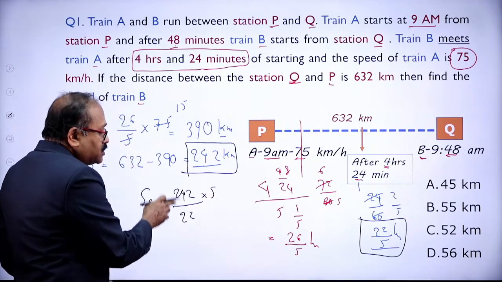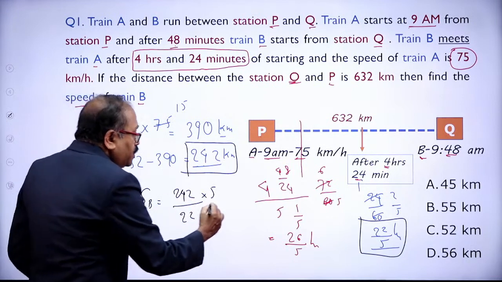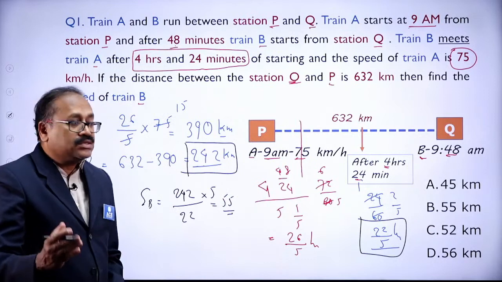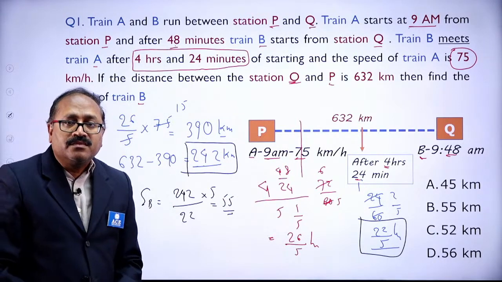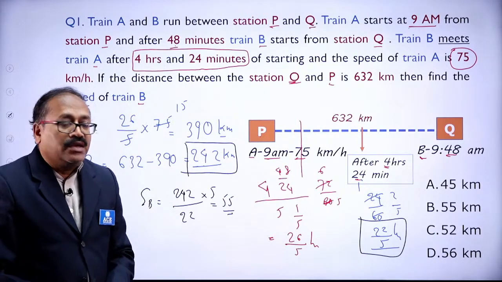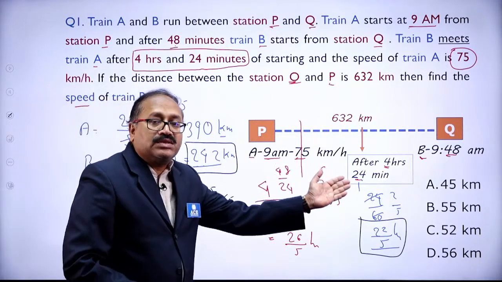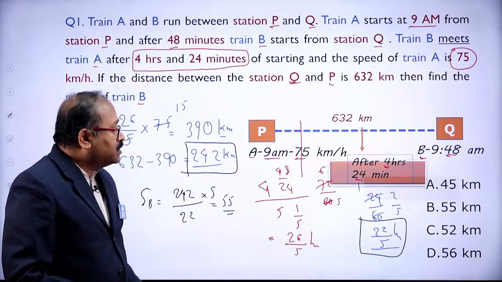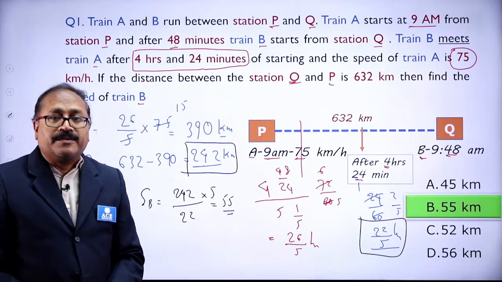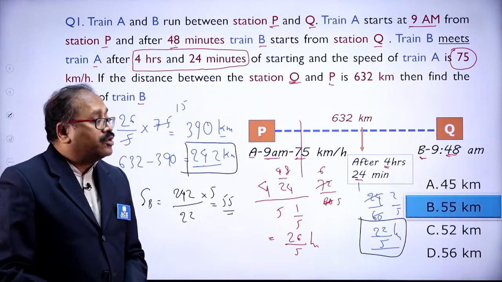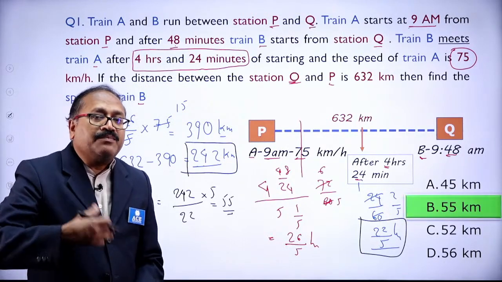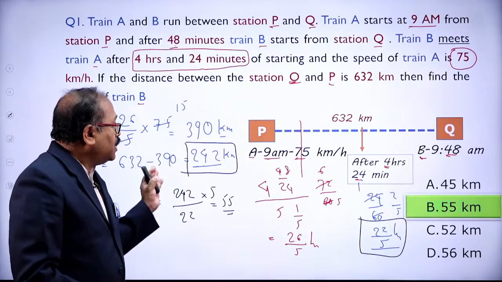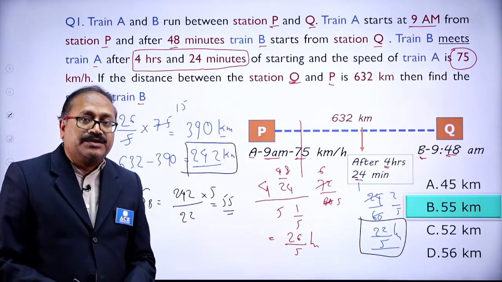This gets cancelled 11 times, and 11 into 5 is 55 kilometers per hour, the speed of B. It is as simple as this. You don't need to write down all these things once you understand how to answer this question. Let me check that the answer is correct, 55 kilometers. I request you to note down this question, as more questions of this type are there, and this is the easiest way to answer it.